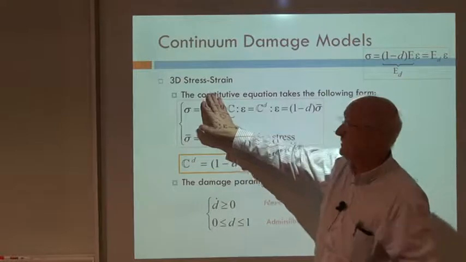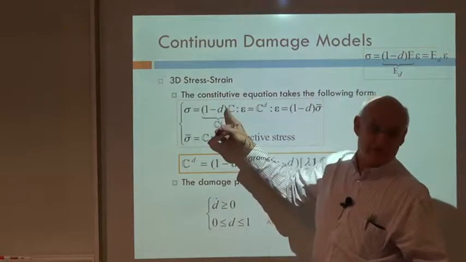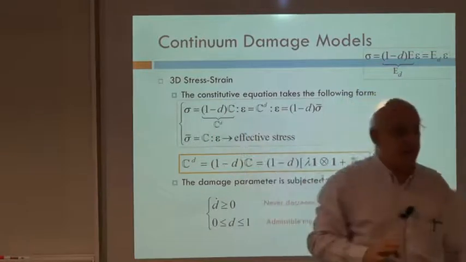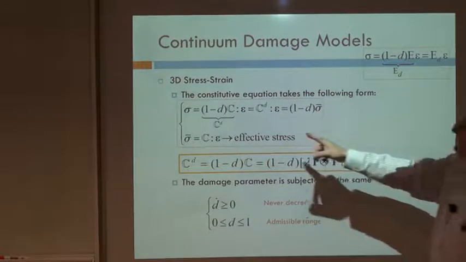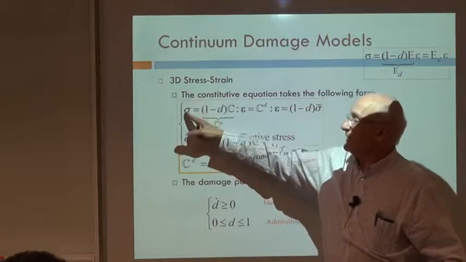Times the reduction factor 1 minus d, where d is again one scalar variable that takes the value between 0 and 1. This is what we call the effective stresses.